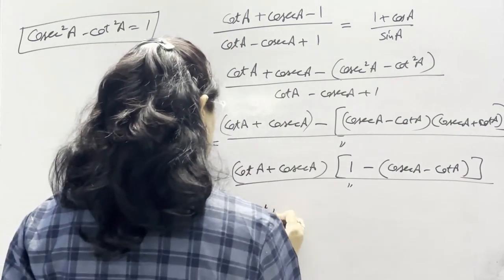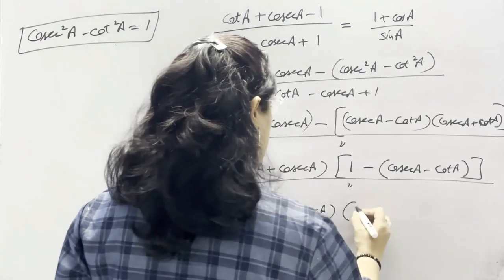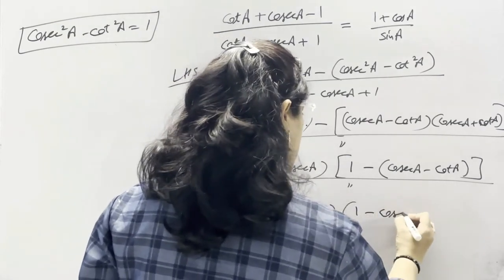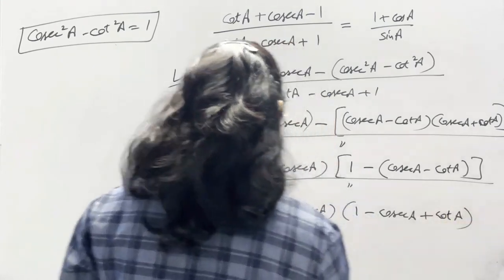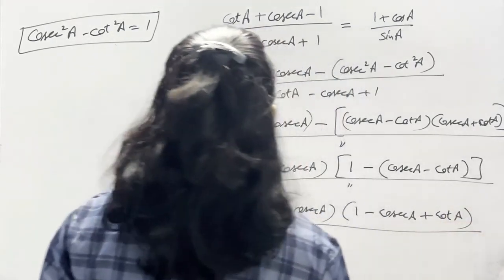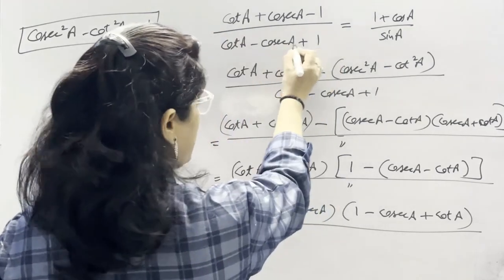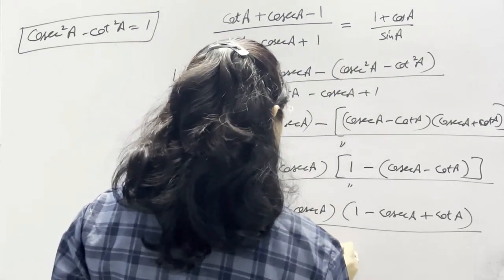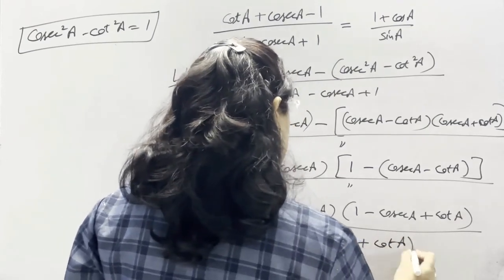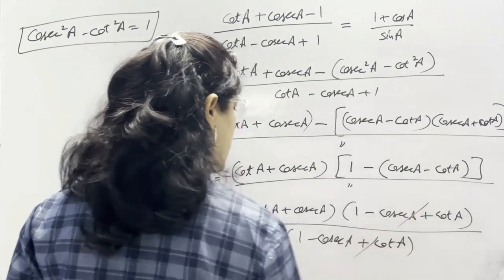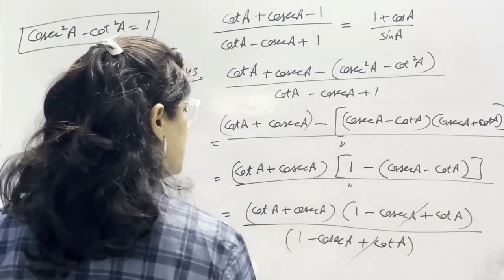Now cot a plus cosec a, then 1 minus cosec a plus cot a. In the denominator, cot a plus 1 minus cosec a. So we can write it as 1 minus cosec a plus cot a. It means the same bracket in the numerator and denominator, so we can cut them.